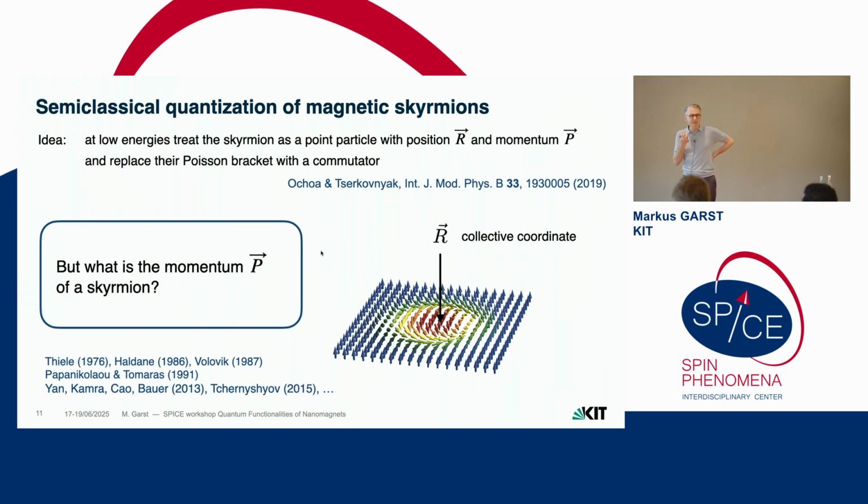This question is quite intricate, and it also has a very long history. Here I'm citing a few works, some famous ones by Thiele in the 70s. Then there is the famous work by Haldane in the 80s that asked the question, what is actually the linear momentum of a magnetic system?